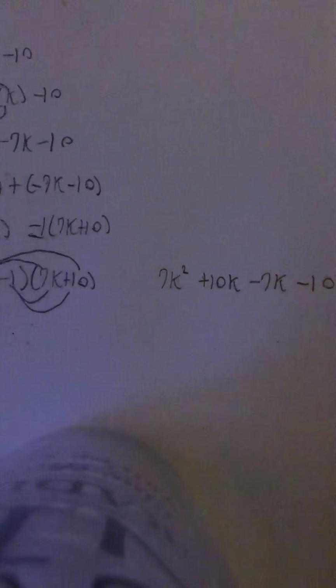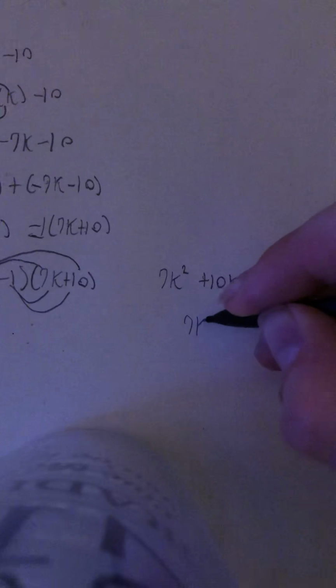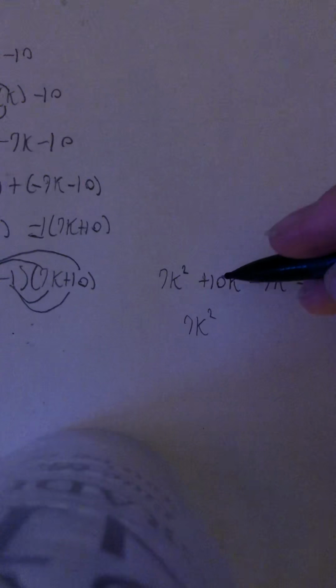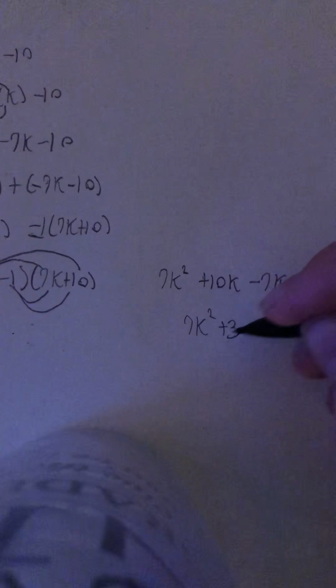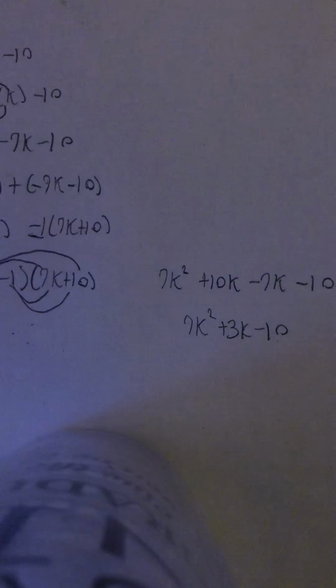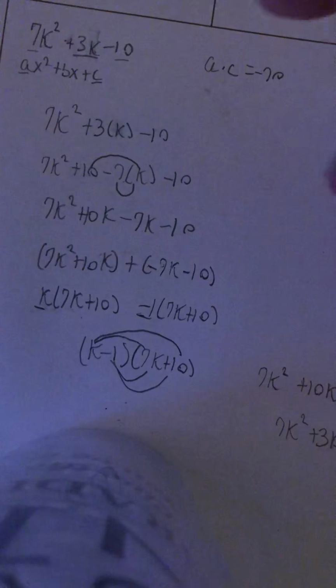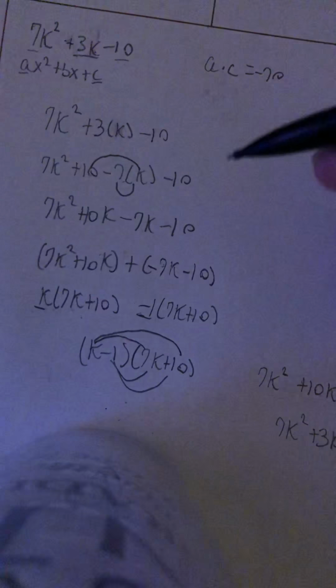Can't see that, but there we go. So I just distributed everything. So now we have 7k squared. This simplifies to just plus 3k, and then our negative 10 stays the same. And what do you know? That's the same thing we had originally. So that's a way of checking, is foiling. And if you come back to this term, that means you foiled it correctly.